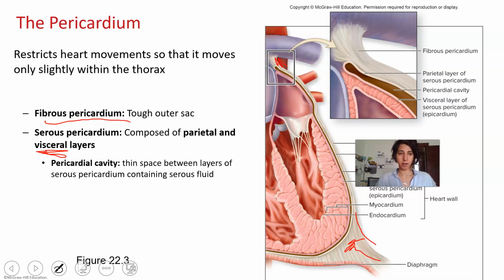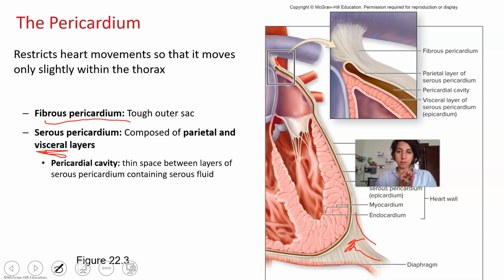So the pericardium is very, very important. We have the fibrous pericardium, which is on the outside and anchors the heart in the mediastinum. And then we have the serous pericardium. The serous pericardium is our serous membrane. And if you remember from chapter 1, what is the function of these membranes?